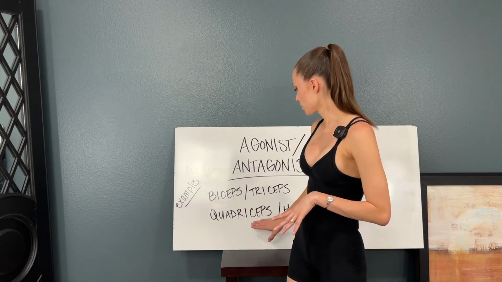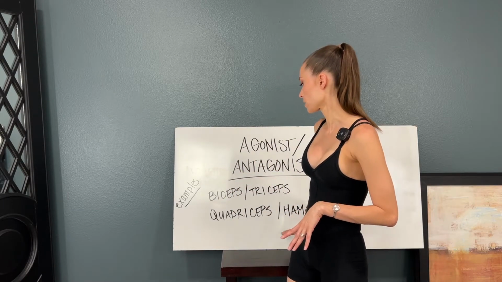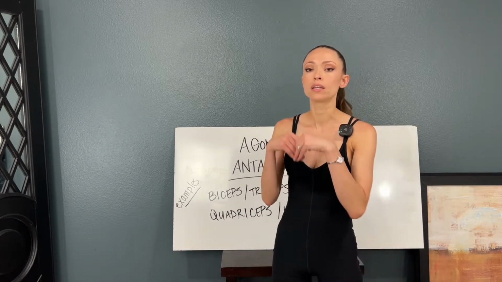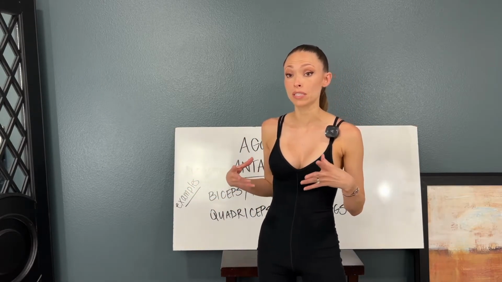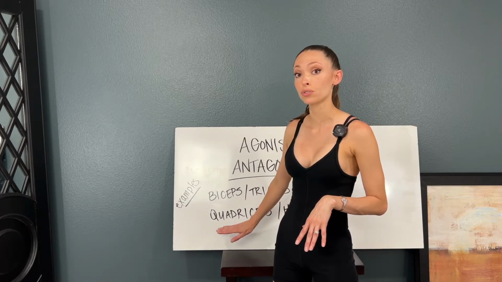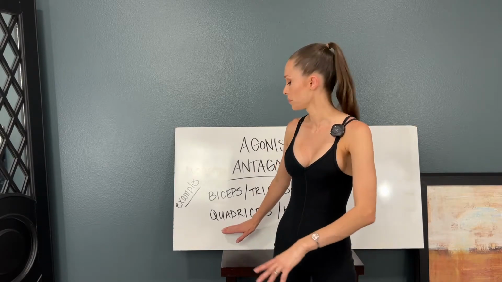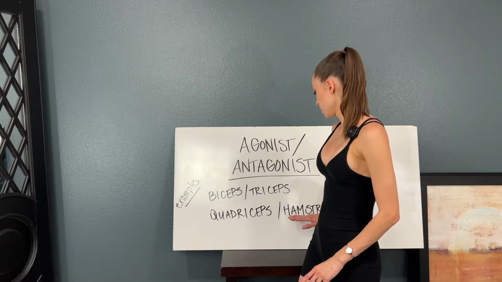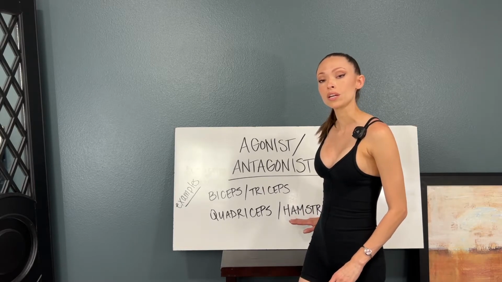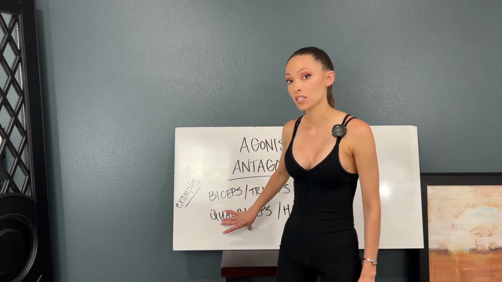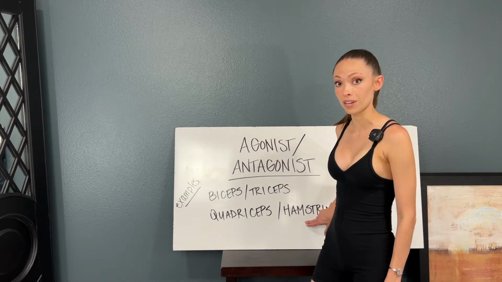The way you would put this into your practice is, for example, if you were trying to open up the hamstrings, lengthen them out, get more flexibility there, you contract the quadriceps as you're doing your forward fold, and it will increase your flexibility with your hamstrings, because if the quadriceps are contracting, the hamstrings cannot contract.